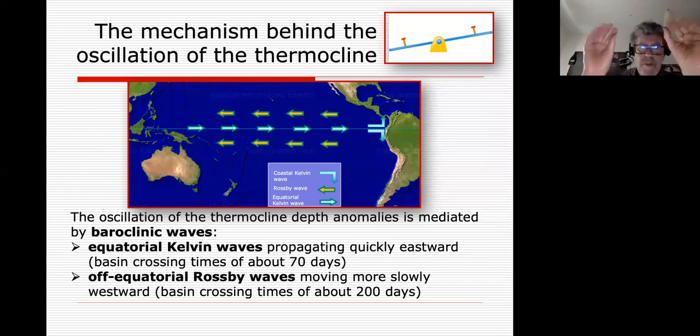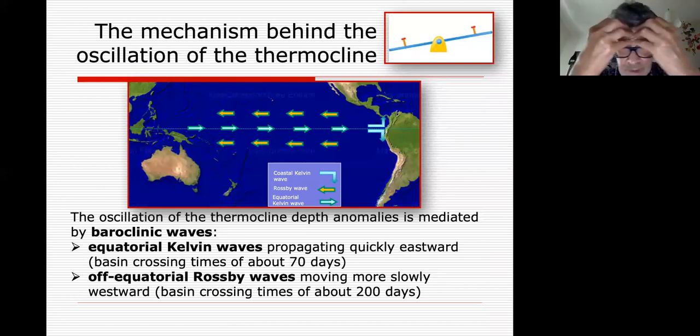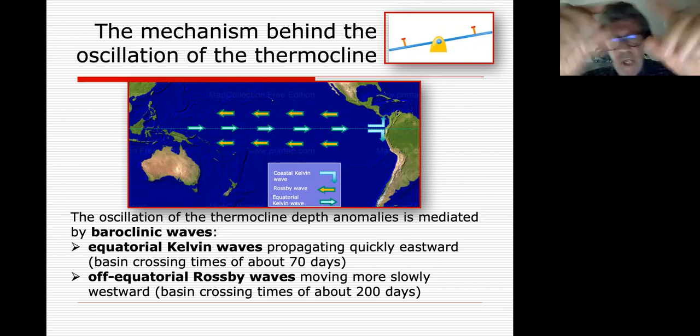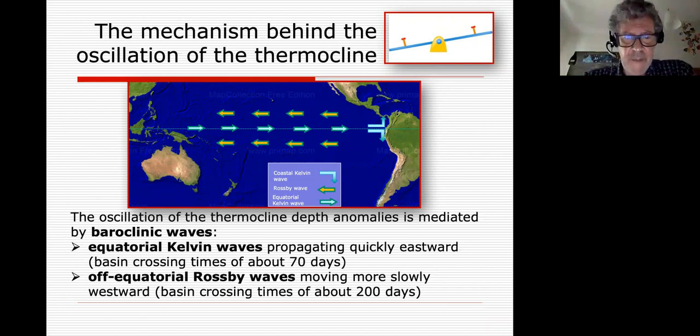So what is important to keep in mind here is that there is an asymmetry in the velocity, and in this zone the major waves are involved in propagating and mediating the perturbation of the thermocline along the equator.